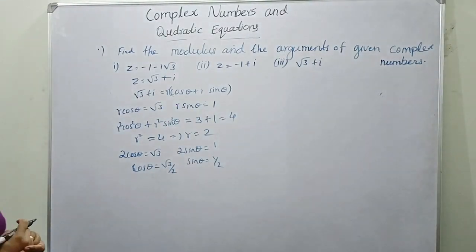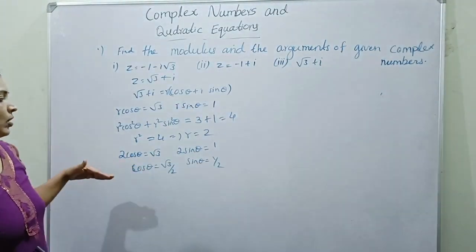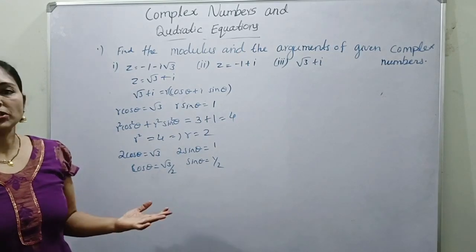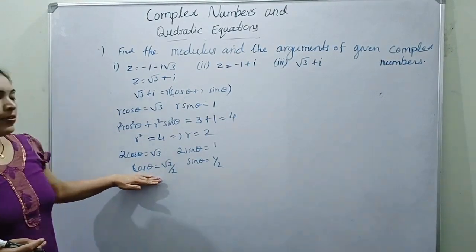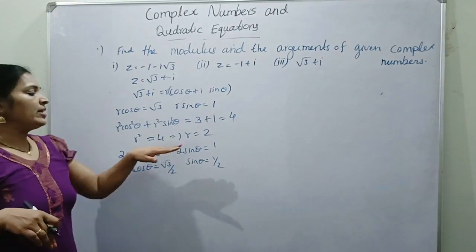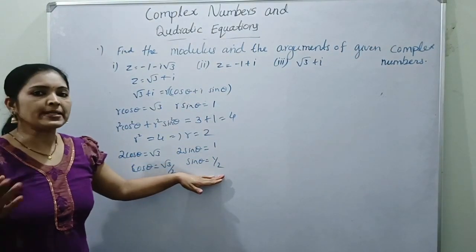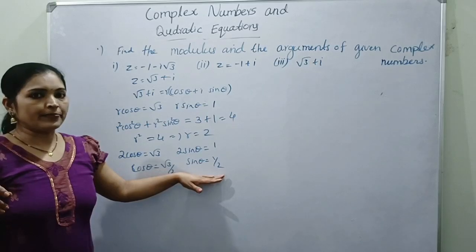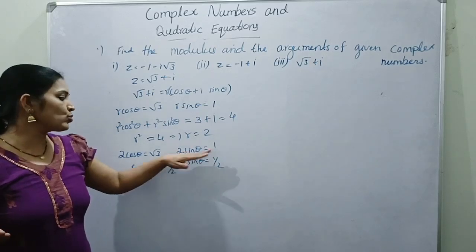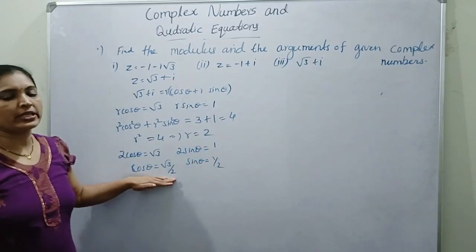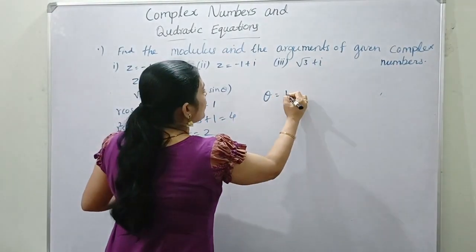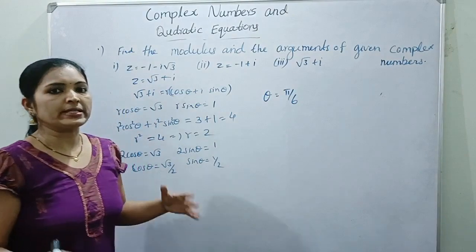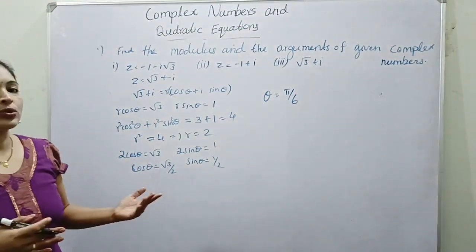See here, look at the sign, all are positive, so it lies in the first quadrant. And what is the angle? When cos is root 3 by 2 and sin is 1 by 2, it is pi by 6, that is 30 degrees. Sin 30 is 1 by 2, cos 30 is root 3 by 2, that is pi by 6. So here directly we can write theta is equal to pi by 6, because it lies in the first quadrant, no need to check the sign.